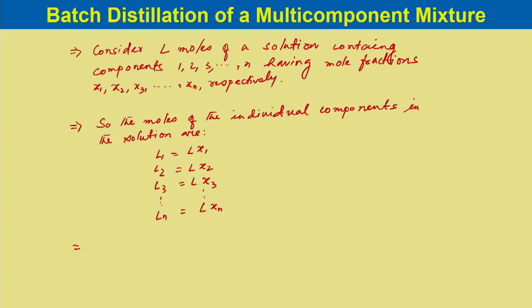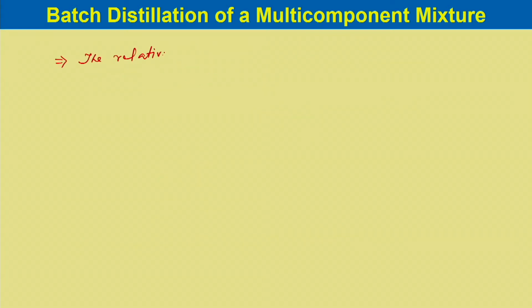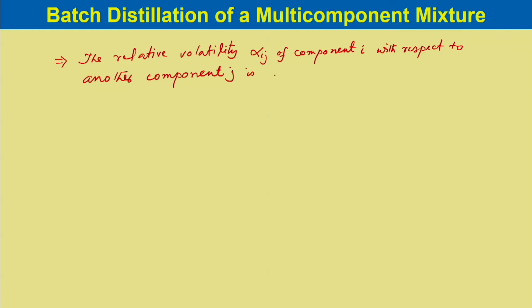Now, assume the solution is ideal. Now, the relative volatility alpha ij, that is, relative volatility of component i with respect to another component j, is taken as constant.